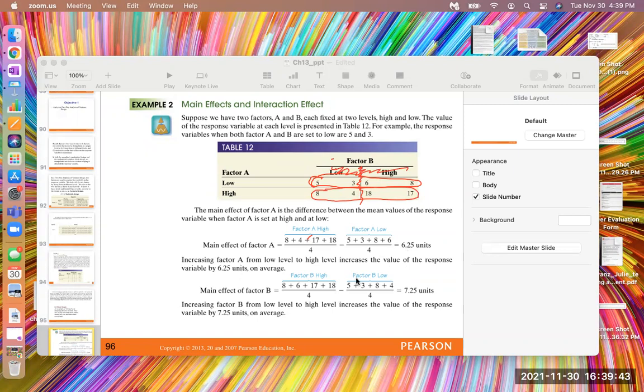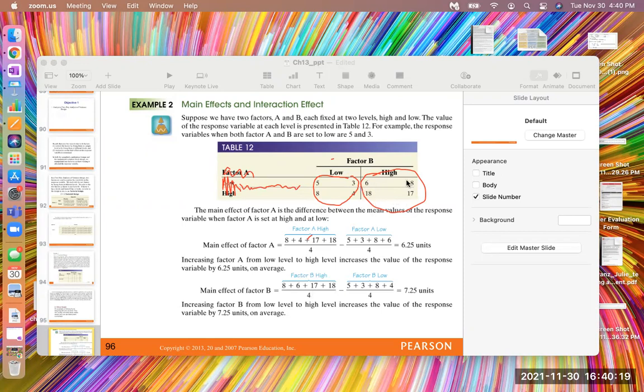All right, and then let's look at the effects of B. The main effects of B are if I ignore A, like it's not there, and we just look at the low level of B and compare it to the high level of B. So they did the 6 plus the 8 plus the 17 plus the 18, divided by 4.